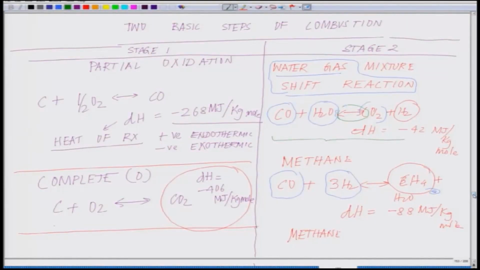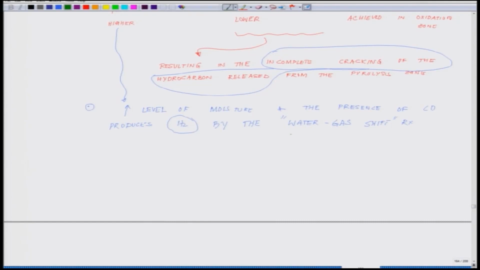Now, coming back to where we just shifted gear. By shifting the water gas shift reaction, this is what you are doing essentially, and in turn there is an increase of hydrogen content of the gas produced, and it contains more and more methane by direct hydrogenation, addition of hydrogen.